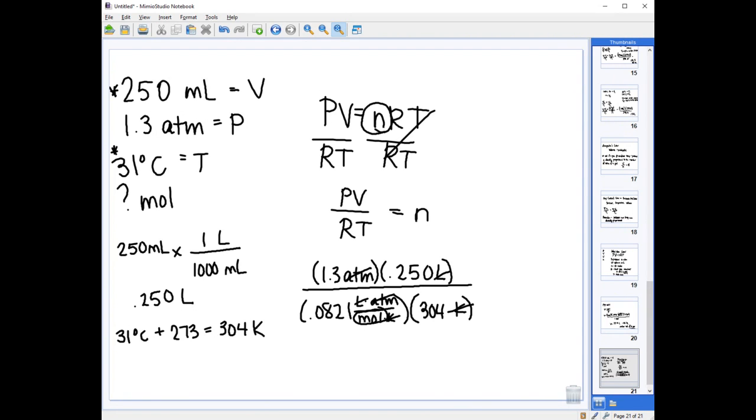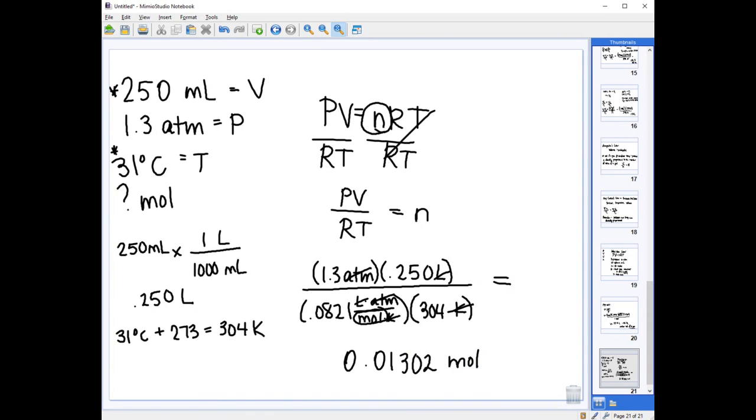I must have typed in something wrong. Hang on. All right. There we go. Equals 0.01302, and my unit is moles.